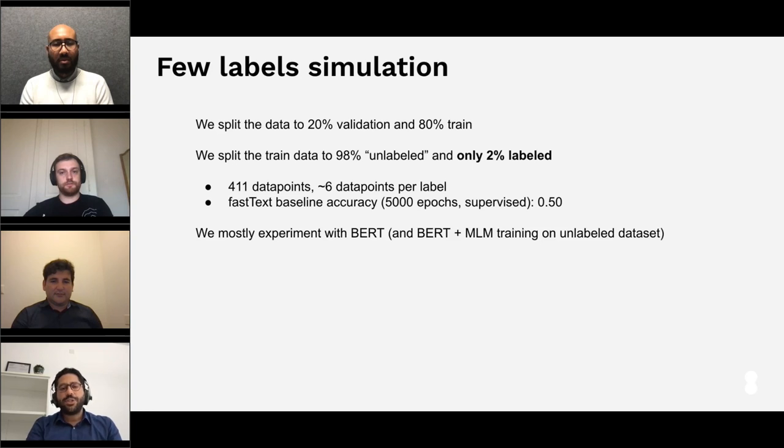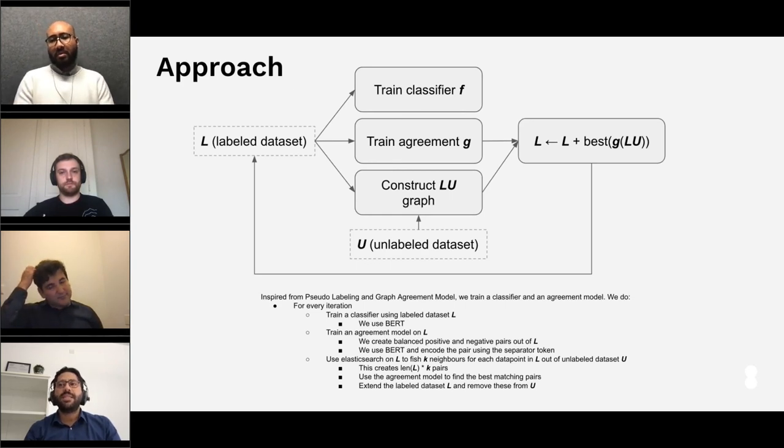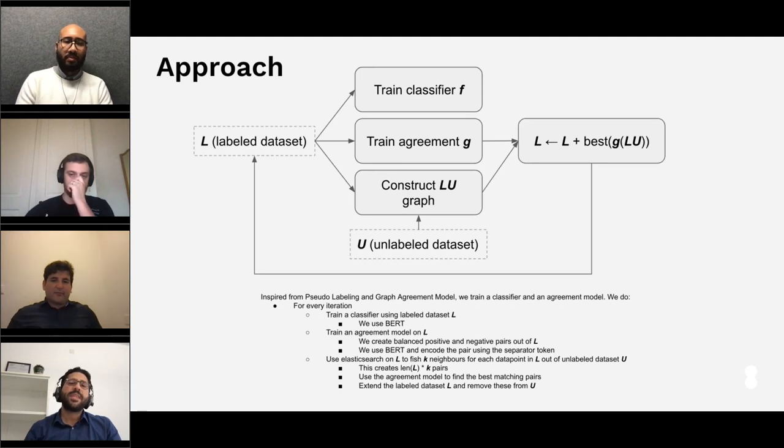And in the experiments and results we show in the next slides, we mostly use BERT, which has been fine-tuned using MLM. So we have a simple approach. Please don't read the text in the bottom, it's for the recording, so we can go into details when we look at the video later. But the process works like this in the implementation we had. Take the labeled data set, train your classifier out of this, also train an agreement model, which, given 2 data points, predicts if they have the same label or not.